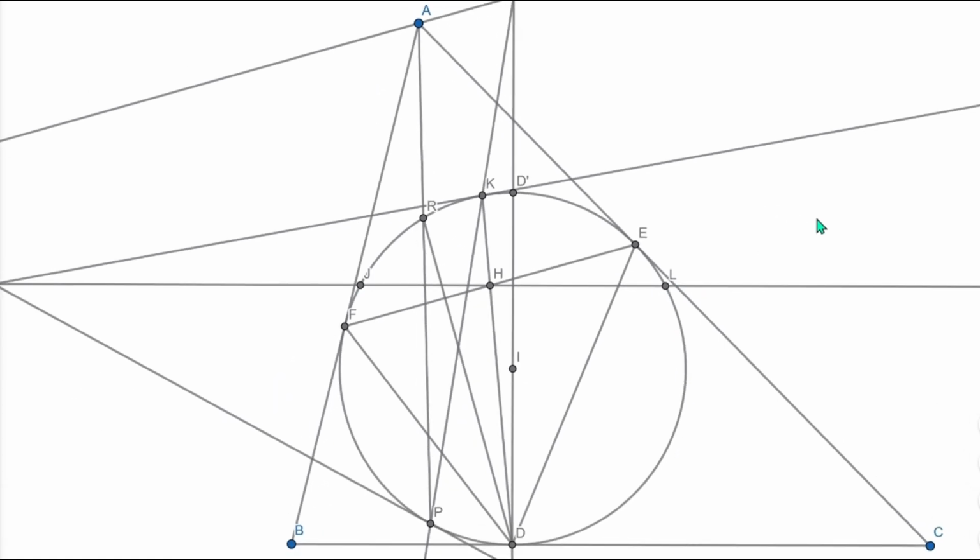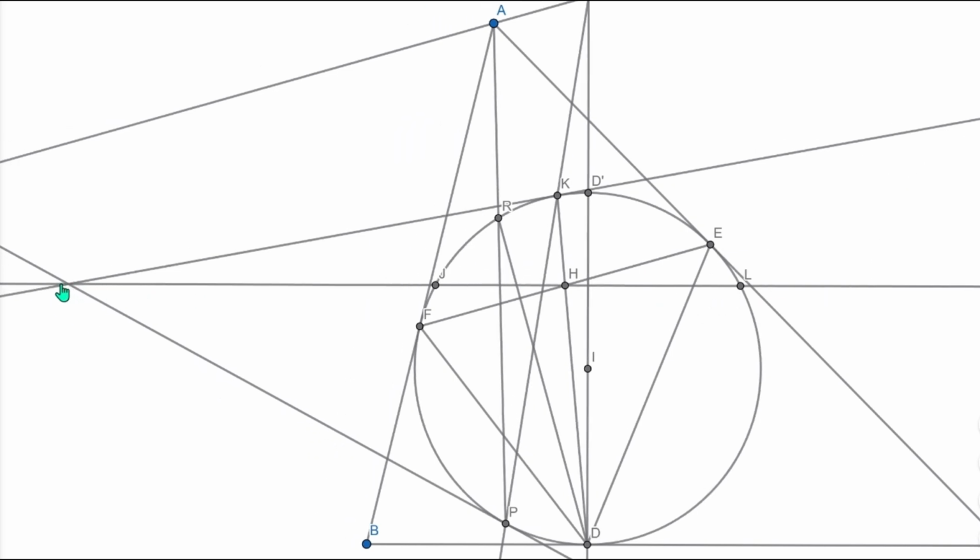Then we want to show that this meets the intersection of the tangents P and K. Now this looks very, very harmonic. And what do I mean by harmonic? Well, suppose we label these points J and L here. Then if we can show that JL passes through this intersection of the tangents here, then we prove the lemma.